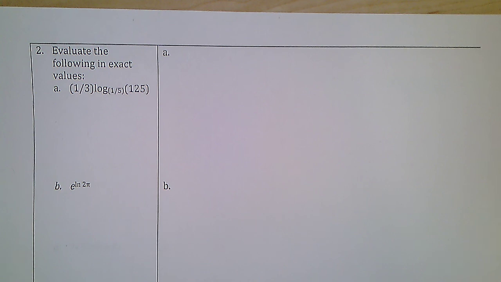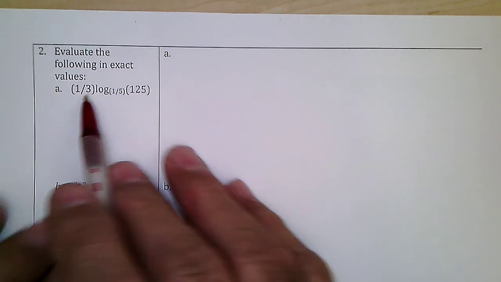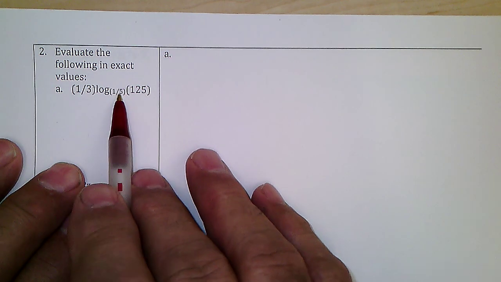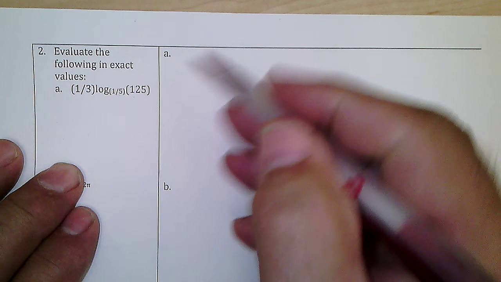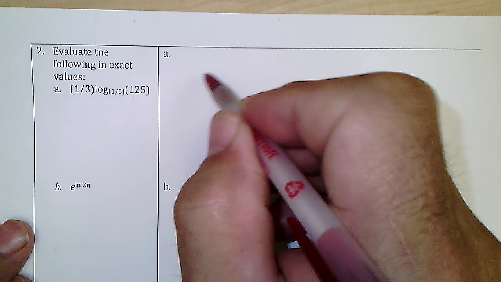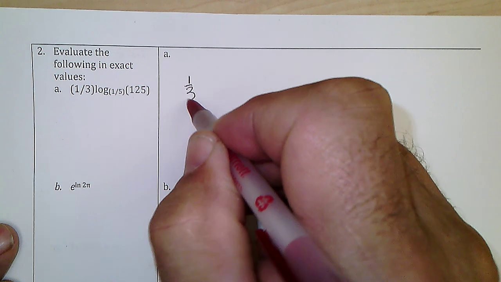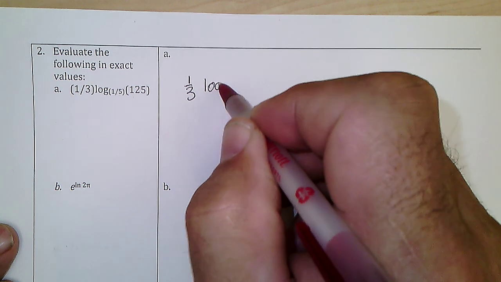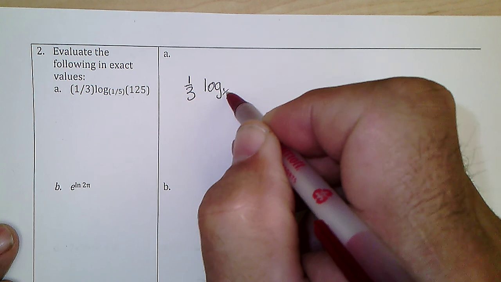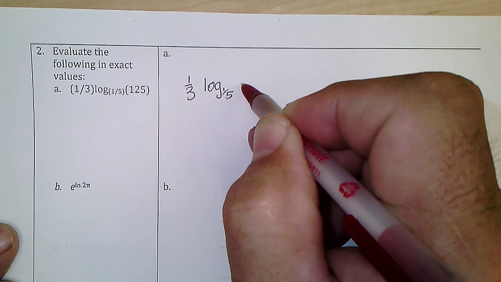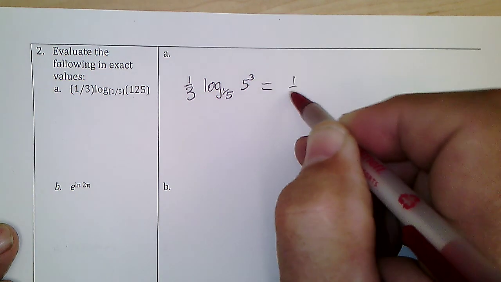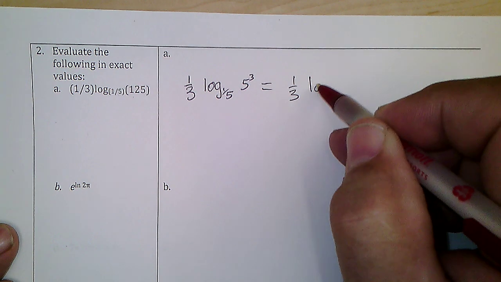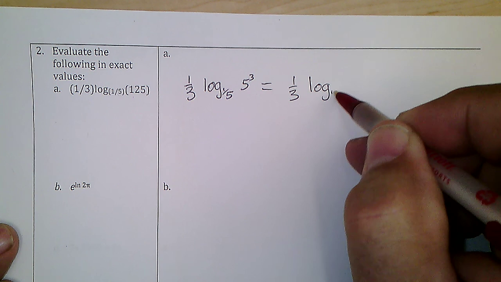The following exact values. To what power do we take 1/5 to get 125? 125 is 5 to the third. So we have 1/3 of 1/5.